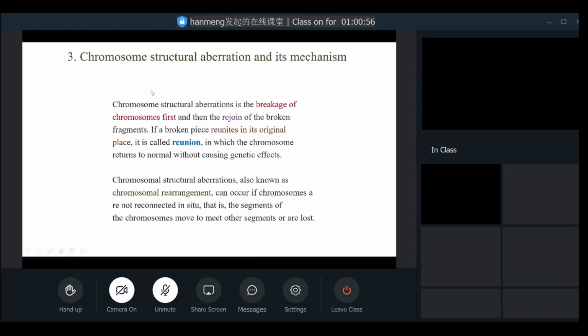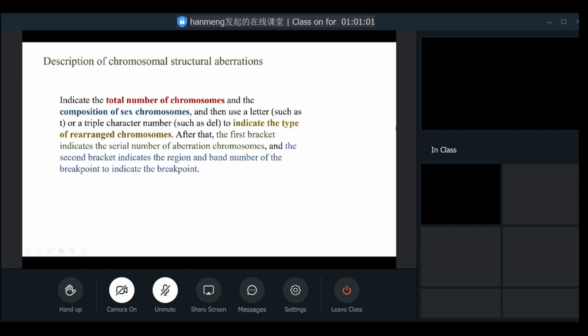But how to describe a chromosome structure aberration? First we should indicate the total number of chromosomes and the composition of the sex chromosomes. Since it does not include a number aberration, in human beings it will be 46, XX or XY.